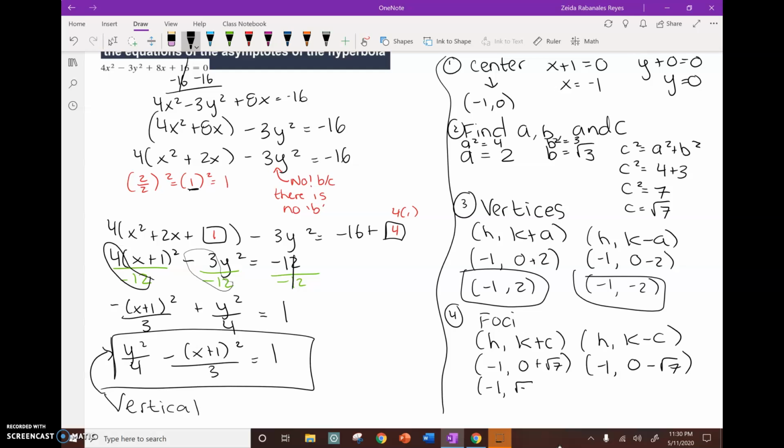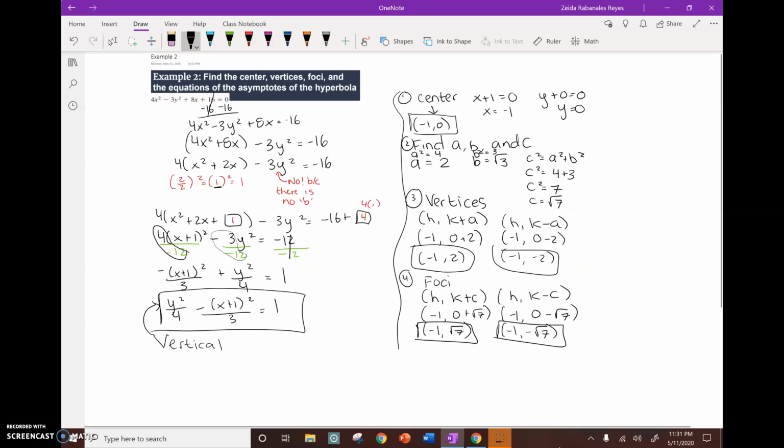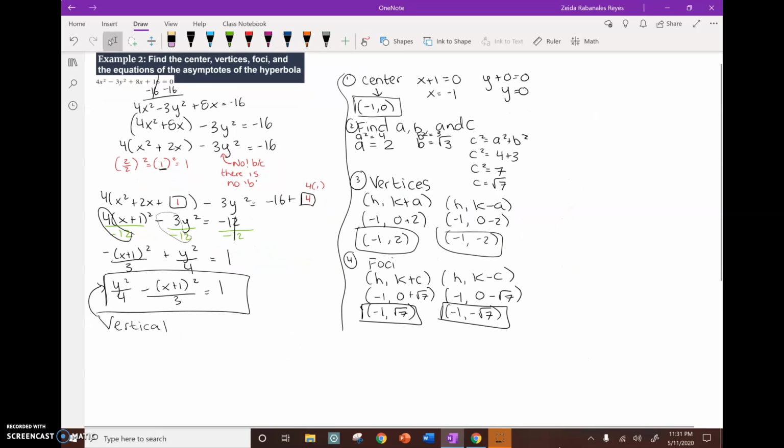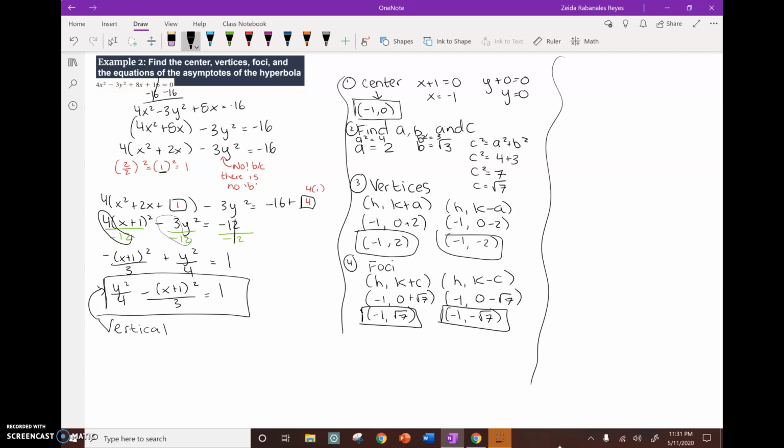You can change it to a decimal or just leave it as is because we're not going to be graphing it. So I have my center, I have my vertices, and I have my foci points. I need the final thing, which is the asymptotes.